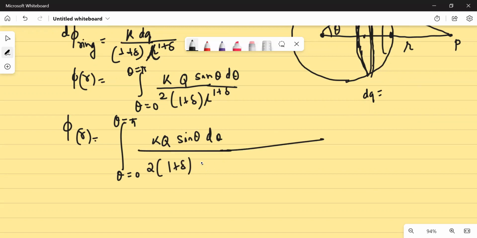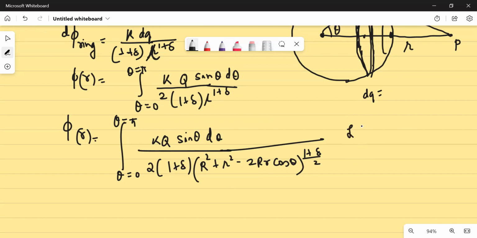I think L was root of capital R square plus small r square minus 2 capital R small r cos theta, over raised to power 1 plus del. I think this is clear. Now here it is cos theta, here it is sine theta.